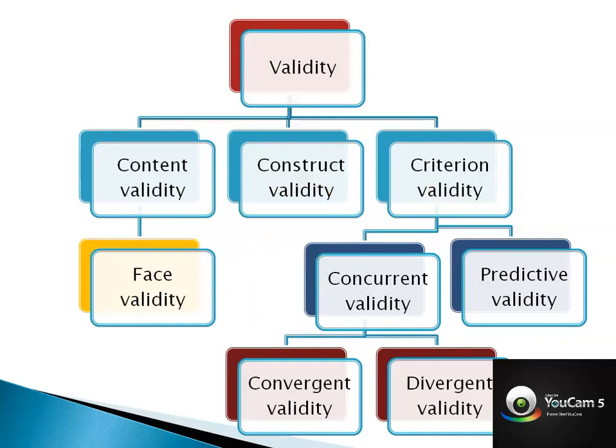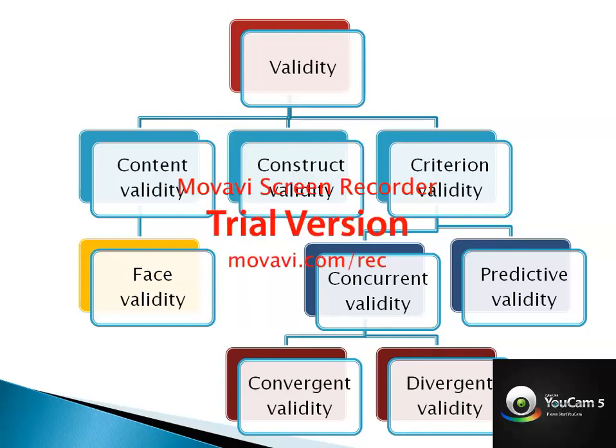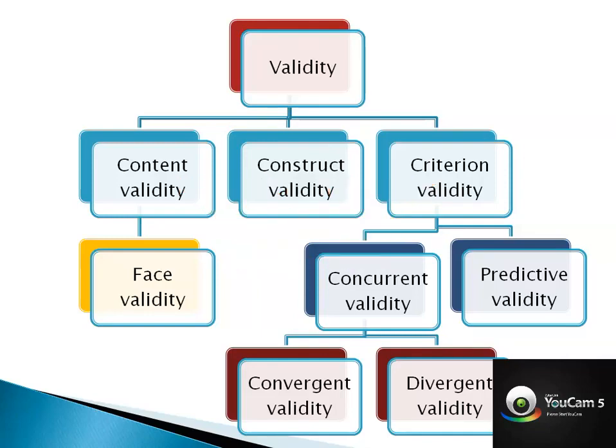Go for a standardized data collection tool which is already in use and bring it to your research with minor changes. The next one is criterion validity. Criterion validity, you compare your concept with the criteria. So this is done in two different ways.